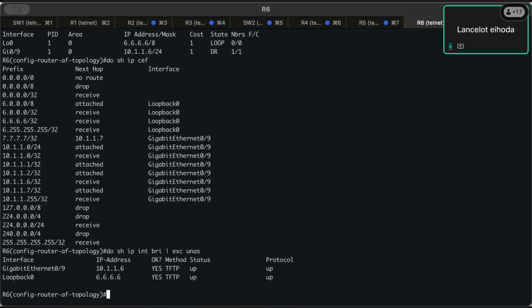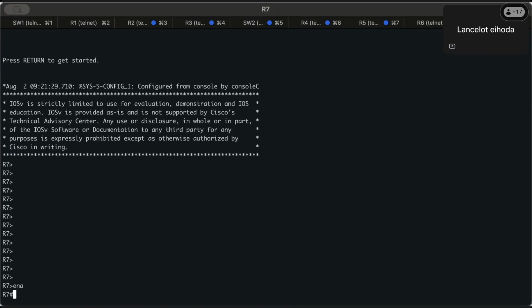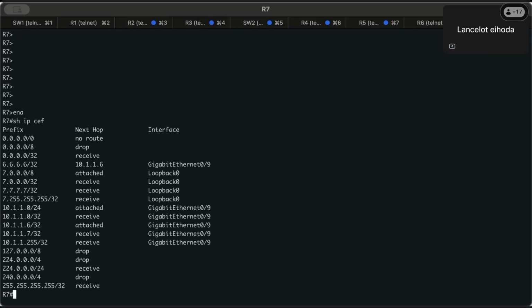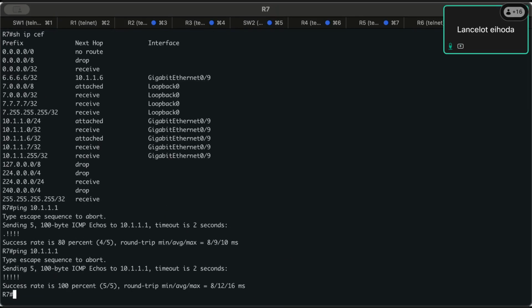We can reach those, but it's only routes there. Let's go to router 7. Does router 7 have a route to router 1? Let us try. It can reach router 1. But then they are not exchanging routing in router 1. So that's what it is.